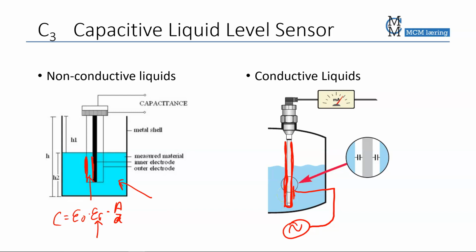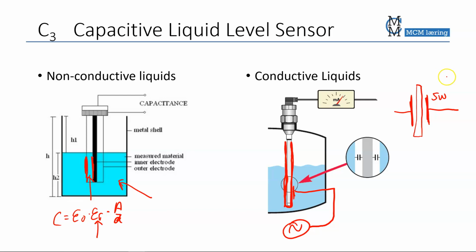Now the capacitor will be the center core, the plastic cover of the center core, and then the salt water pressing on one side. So this area comes from the salt water.